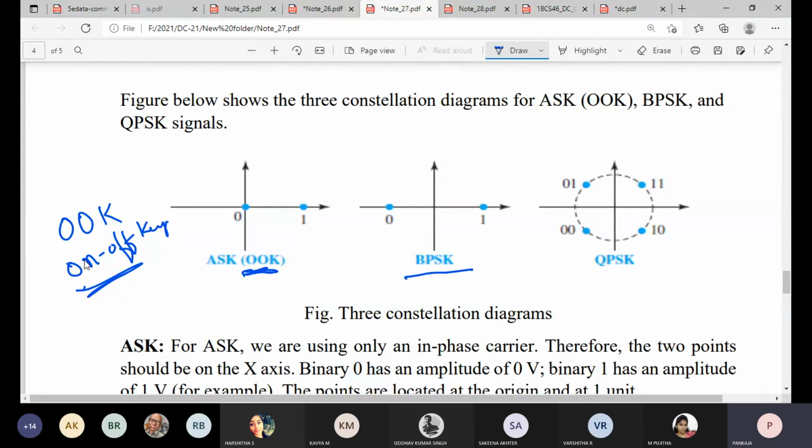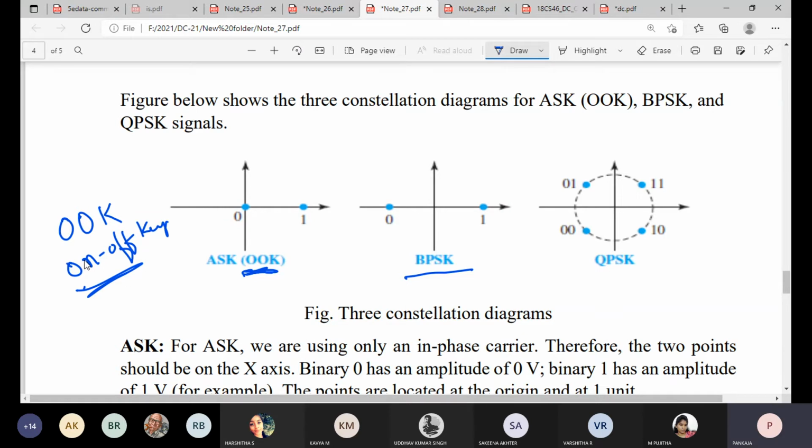If it is binary, as I told, you will be using two different phases for representing bit 0 and 1. This dot indicates the phase used for bit 1 and this is for 0. Similarly, if two data elements are carried by one signal element, in that case you will get quadrature PSK.